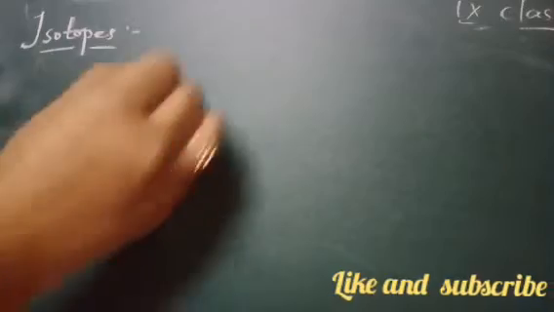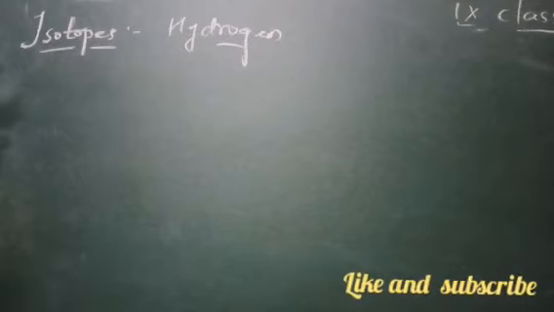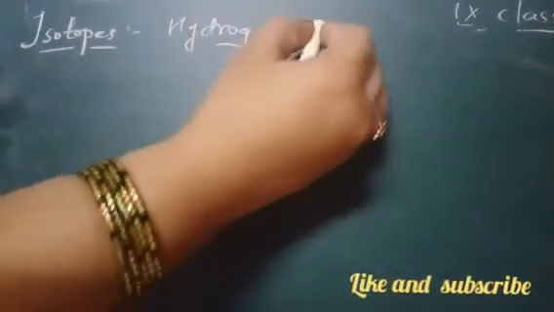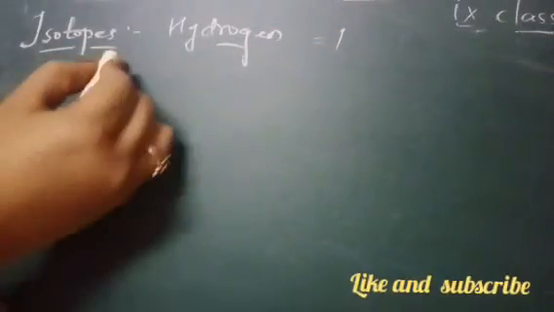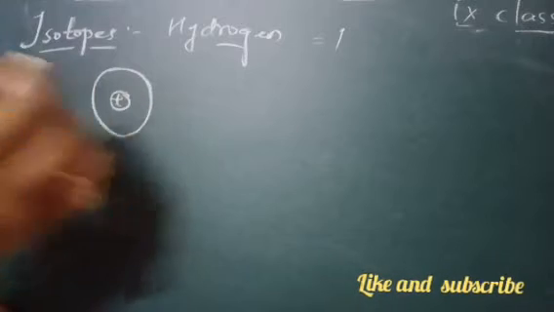Okay. For example, if you take hydrogen, you can say that the atom of hydrogen has one nucleon. Okay, how many nucleons is it having? Because hydrogen's atomic number is 1, it is having only 1, right?